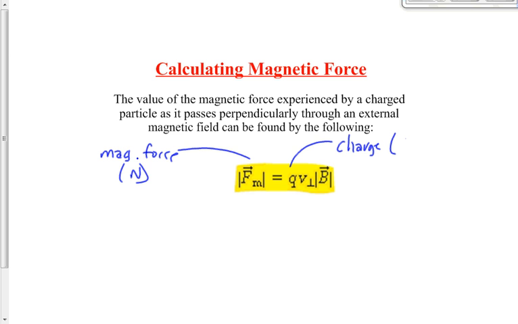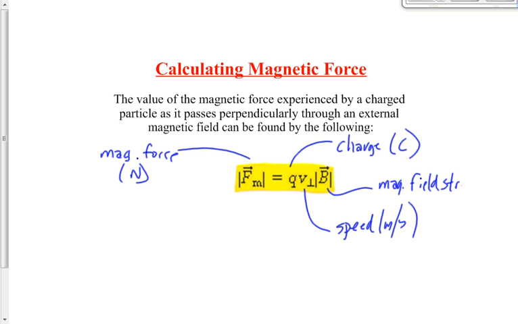That's going to be measured in coulombs, although it'll often be given to you in, say, microcoulombs or nanocoulombs or something like that. You just have to convert that. v is going to be the speed of the particle, and that's going to be in meters per second. And B is going to be the magnetic field strength, and that's going to be measured in tesla.